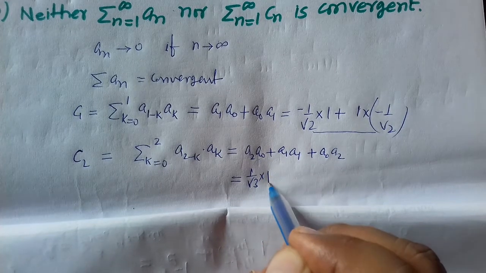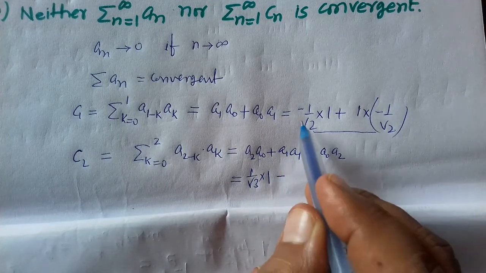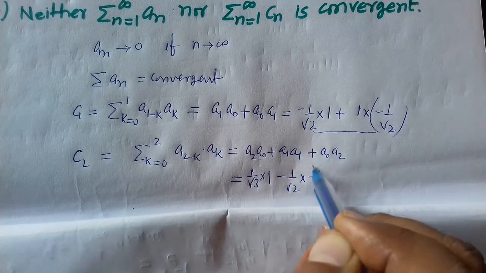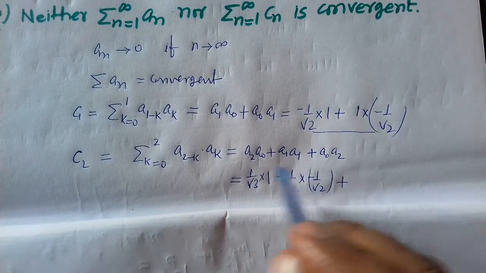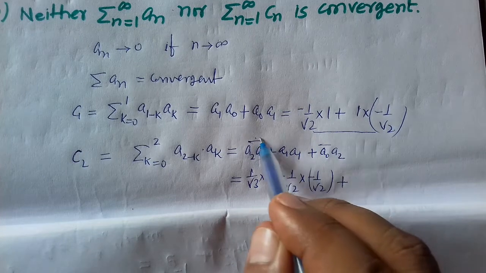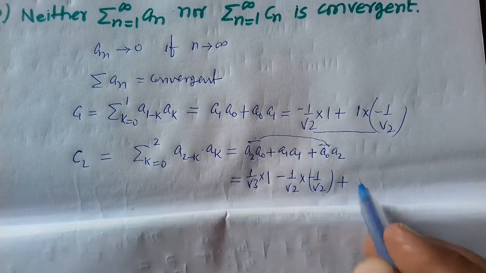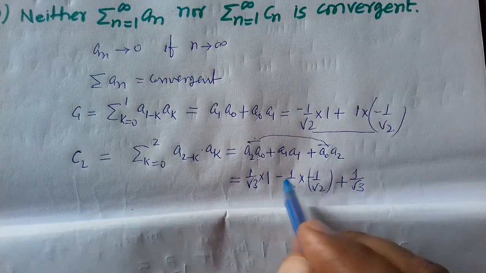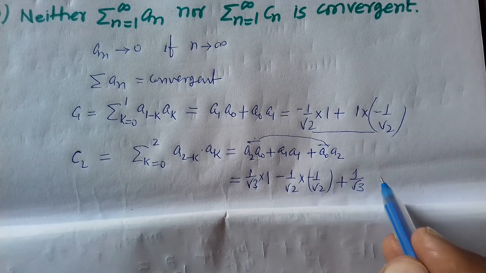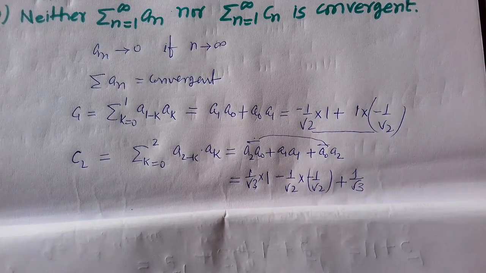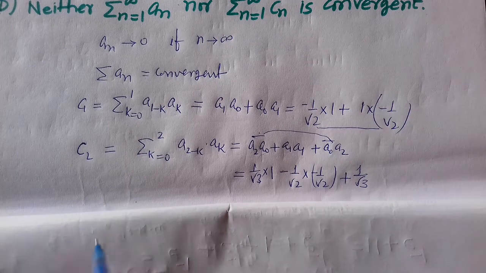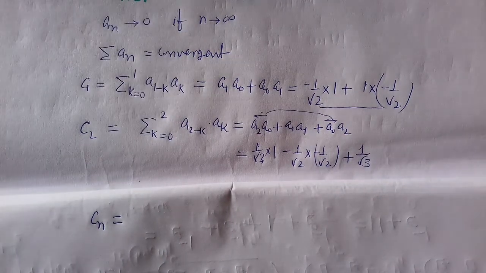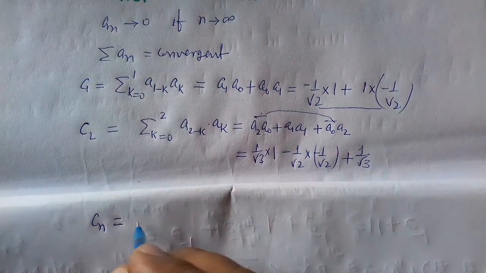And a0 is 1, a1 is minus 1 by root 2, again a1 is minus 1 by root 2, plus a0 a2, which is again 1 by root 3. You see that all terms are positive, minus times minus is plus, so the sum will definitely be positive. In the same way, in Cn all terms will be all positive or all negative.